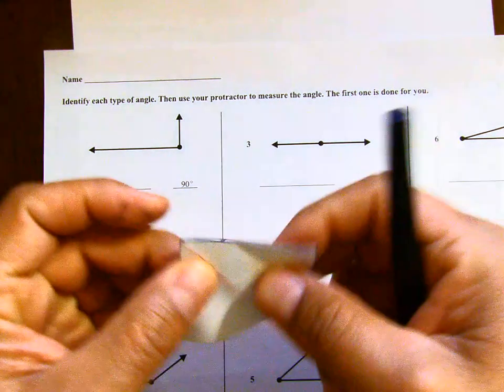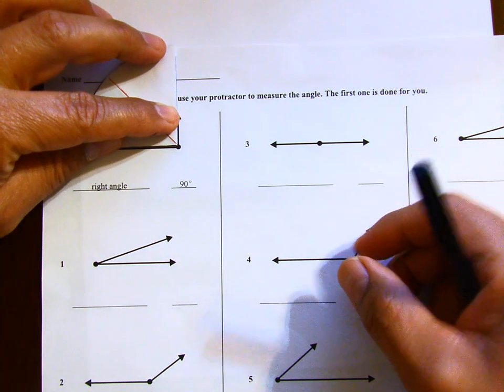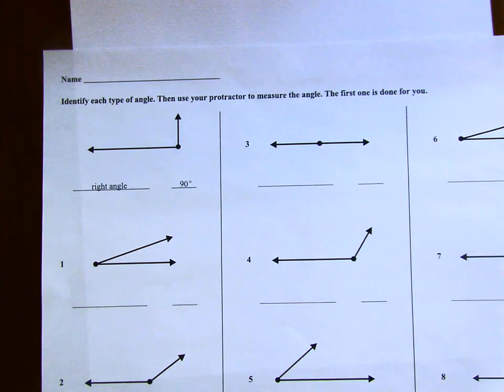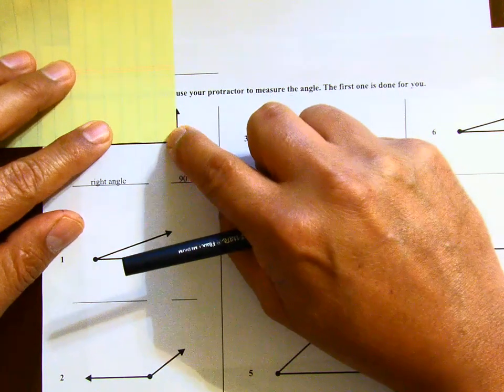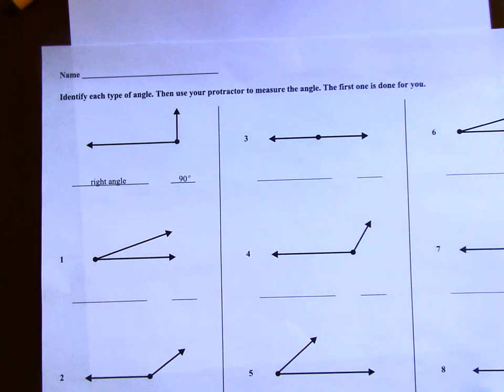We can also check if we use that paper that we made. That is a right angle, or anything with a corner. I can take a piece of paper and put it there. That's a right angle right there. It's a perfect corner. So that's a right angle.